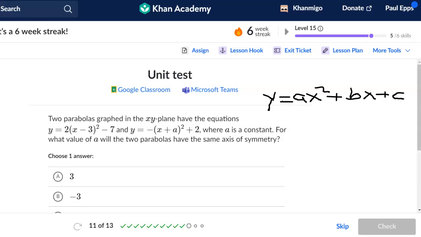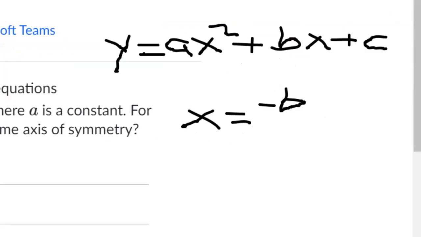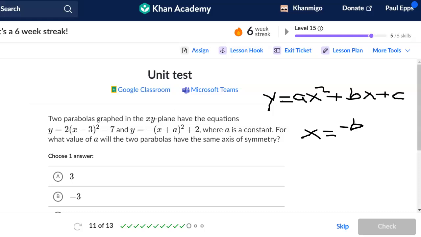And then for both equations, you can use the equation for the axis of symmetry, which is x equals negative b over 2a.